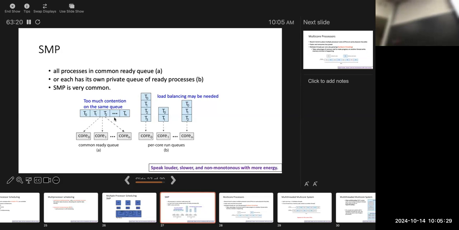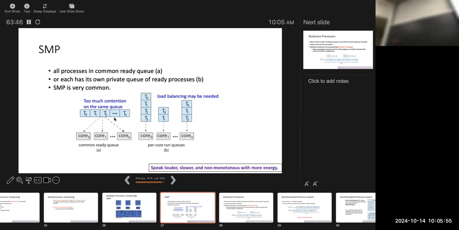So what we need to do is synchronize the accesses to the ready queue, which basically means we can put in locks. Whenever core 0 is empty and wants to run some process, it first gets the lock. When it gets the lock, it means no one else can access the queue.